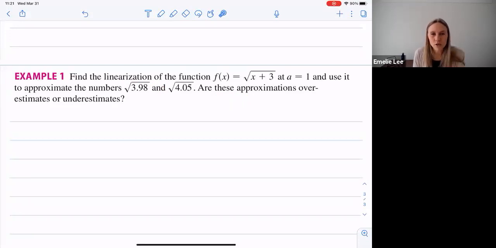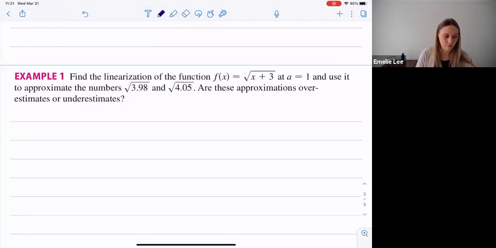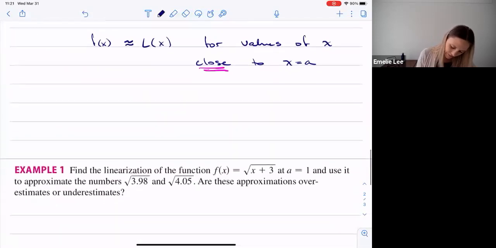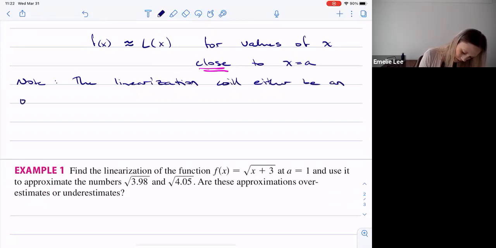Just visually, an overestimate is when the line is on top of the curve, and an underestimate is when the line is below the curve. So maybe I'll make a little note here. Note, the linearization will either be an over or underestimate.